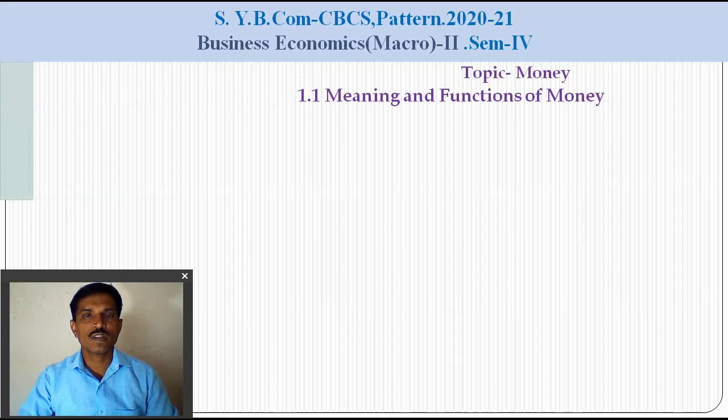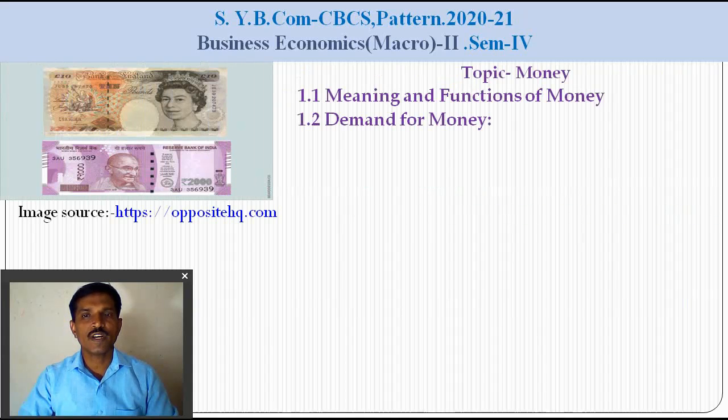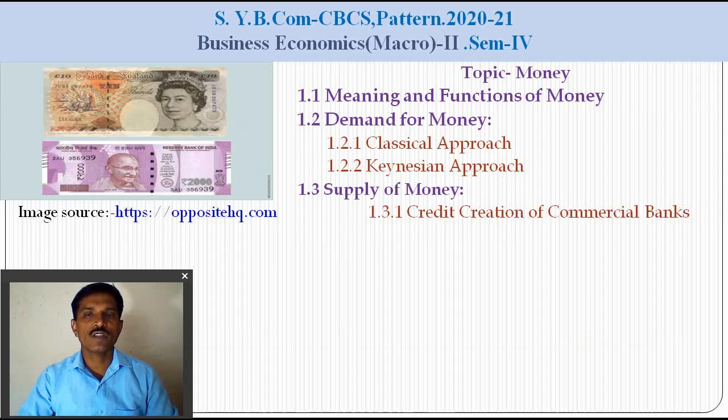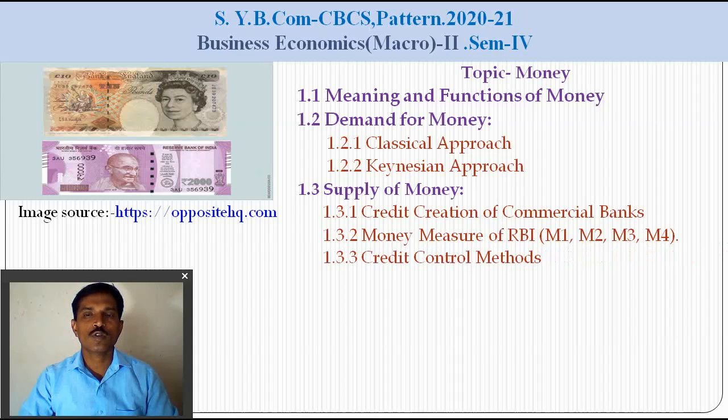So in this chapter there are various points like the meaning and function. We already completed demand for money, the classical approach and Keynesian approach. Today we start the new point, the supply of money, the credit creation of commercial bank, the money measures of RBI, and then credit control methods used by the central bank, quantitative and qualitative tools.